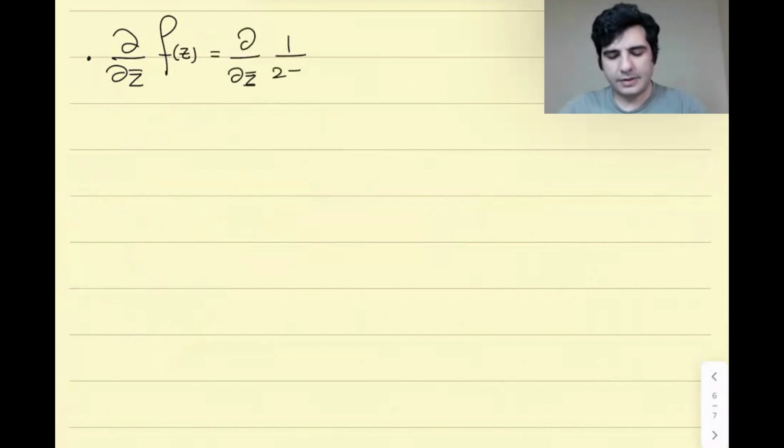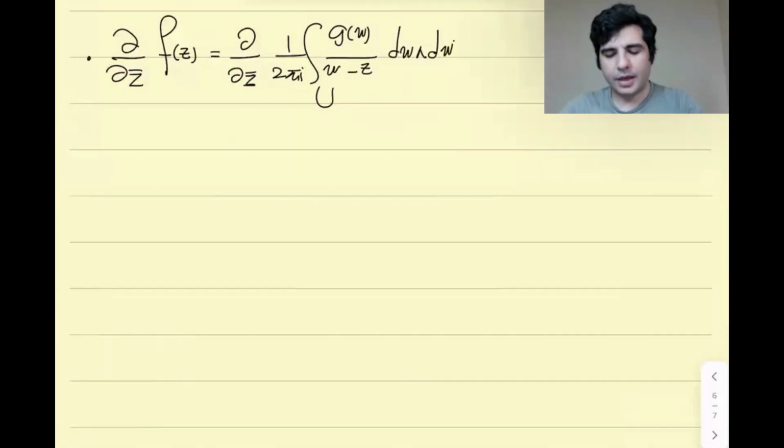Now with that assumption, let's try to compute the derivative of f with respect to z bar directly. The formula said f is given by this integral, dw wedge dw bar.